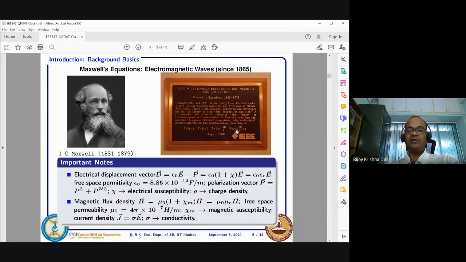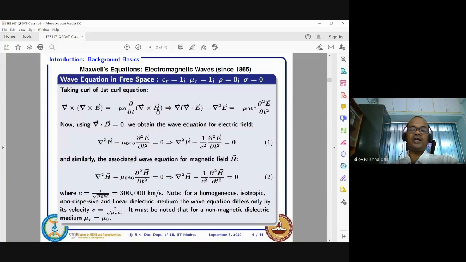Curl of H is equal to del D del T plus J. Since sigma is equal to 0, we ignore J, and del D del T is epsilon 0, with epsilon r equal to 1, times del E del T. So we replace curl H with epsilon 0 del E del T, which gives a second order partial derivative. Ultimately, if you take the curl of both sides and use the fourth curl equation and the second curl equation, you come to this point.